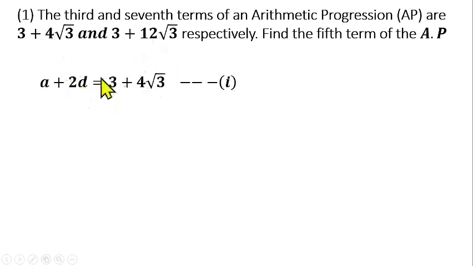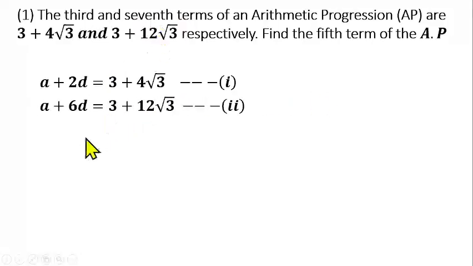The first equation: the third term, a plus 2d, equals 3 plus 4√3, equation 1. Also the seventh term, a plus 6d, equals 3 plus 12√3, equation 2.